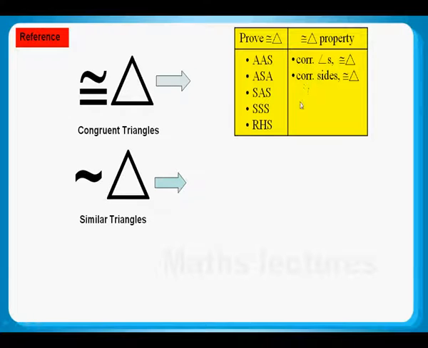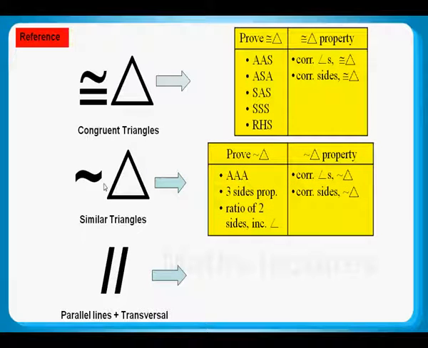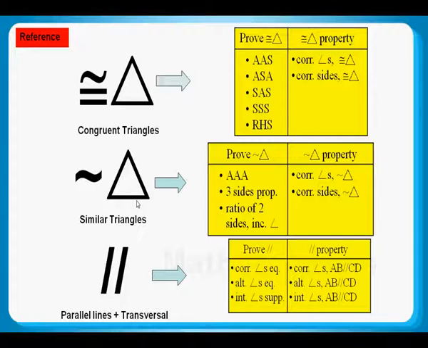It is the same in handling similar triangles, as well as parallel lines plus transversal. Okay, what is transversal? Transversal is a line connecting two parallel lines. You will see it later on.